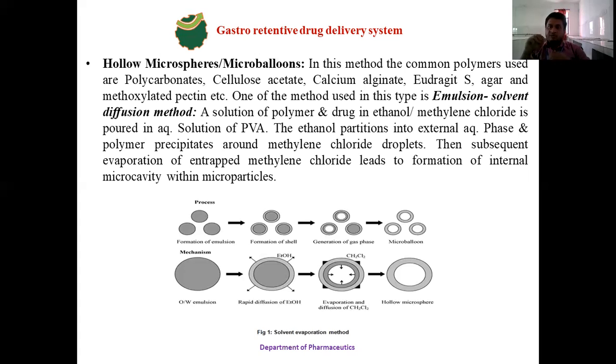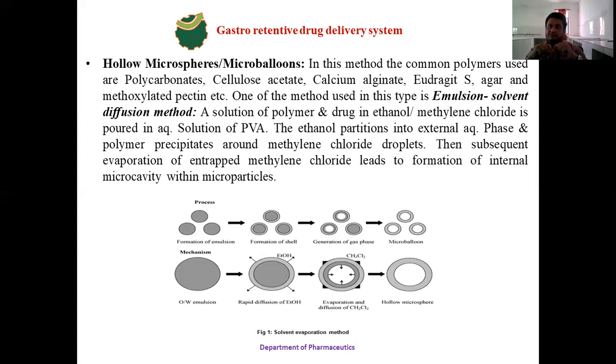Now the polymer tries to come to the surface of the methylene chloride droplet. Then the methylene chloride, as it is volatile, will evaporate, and the drug will be present inside with the polymer on the outer surface.